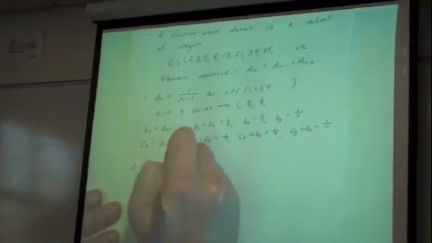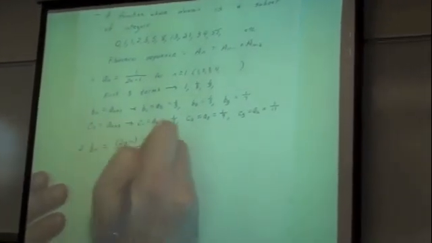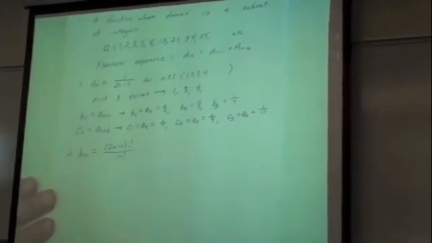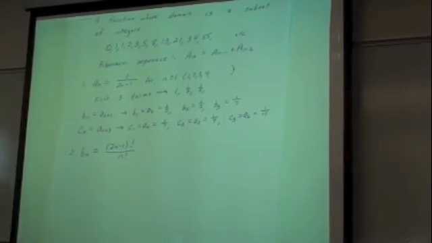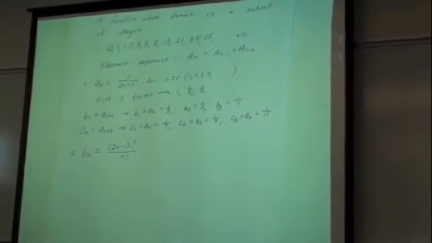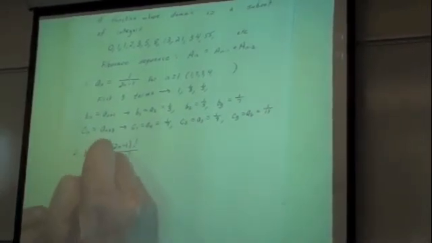What about a function b sub n that's equal to 2n minus 1 factorial, divided by n factorial? And I want you to list the first 4 terms of this sequence. Okay, no big deal. b sub 1.